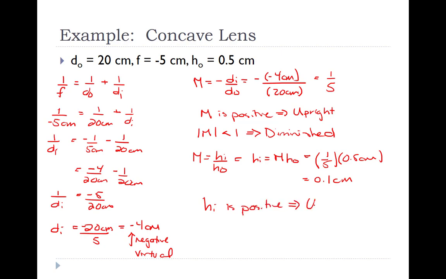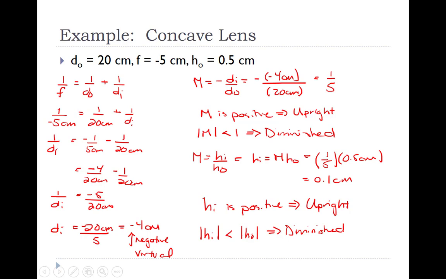That tells me it is upright. And if I compare HI to HO, again, absolute valuing, because occasionally these things can be negative, I see HI is less than HO, which tells me it is diminished.